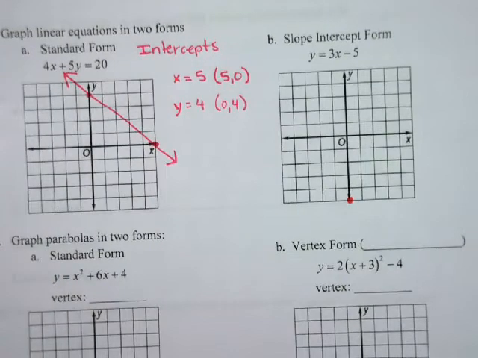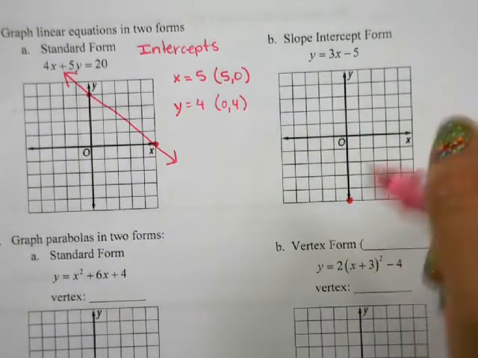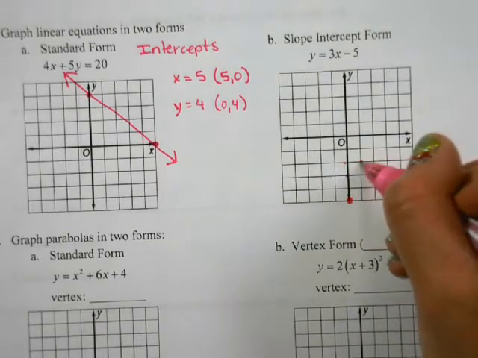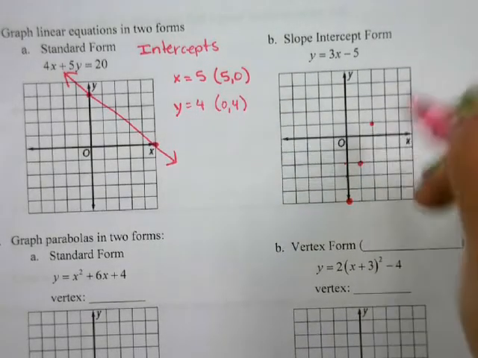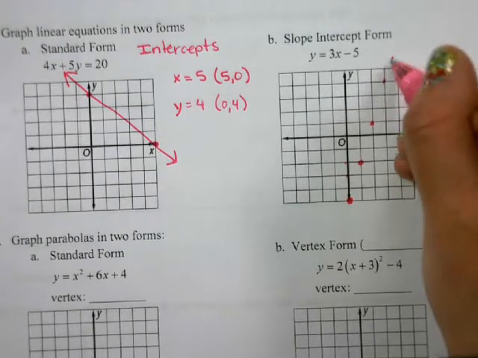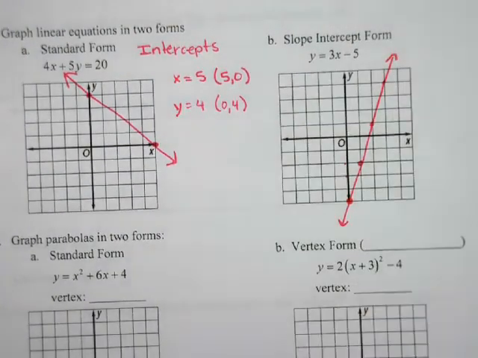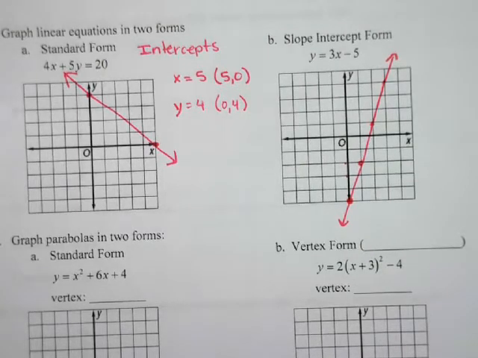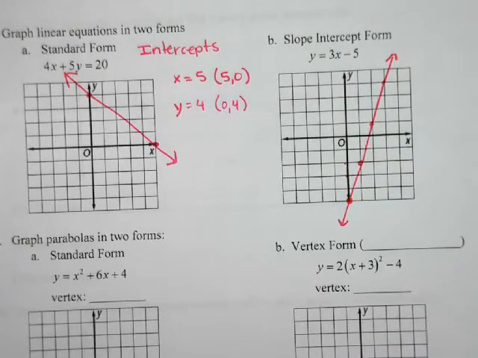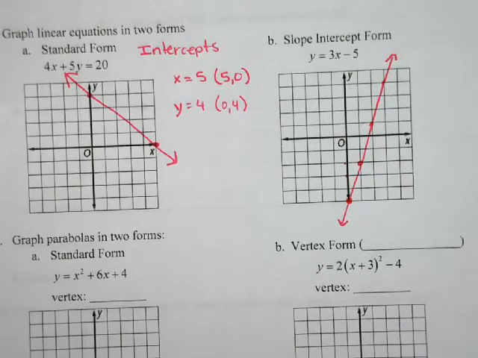What's my slope? 3. Up 3, right 1. If you go to the right, you're always right. Does that look familiar? Vaguely, slightly. Okay, so lines.